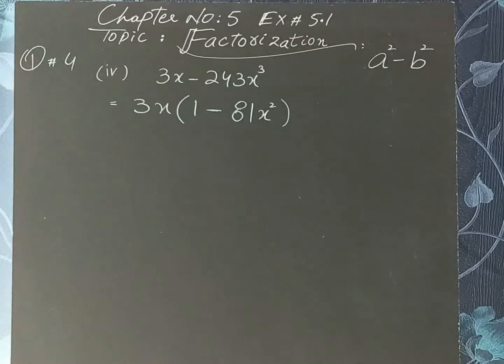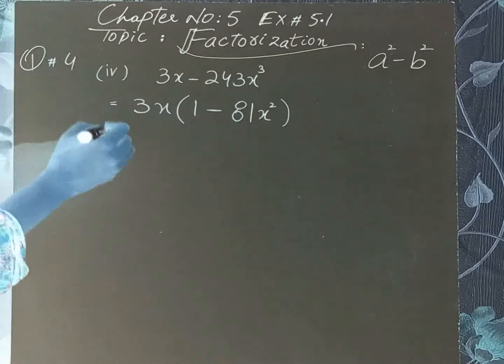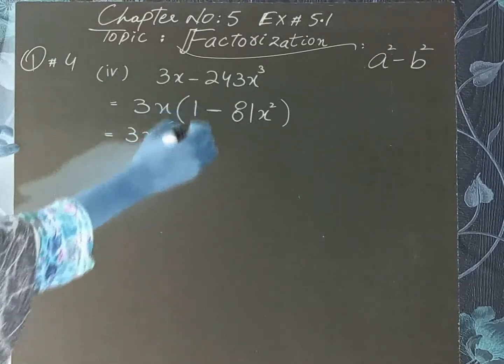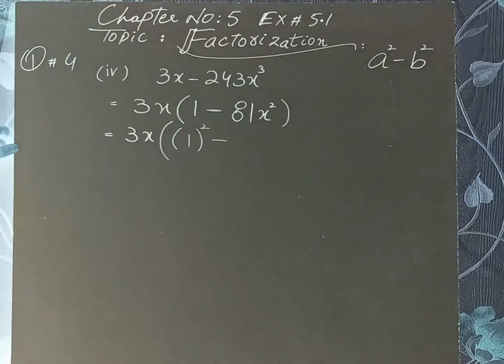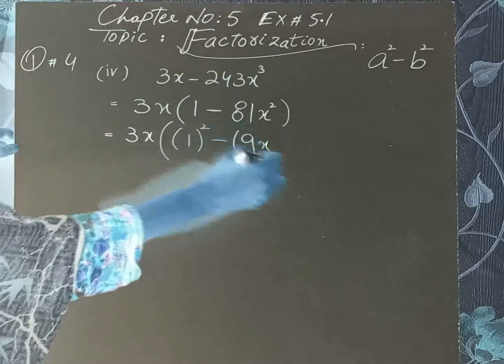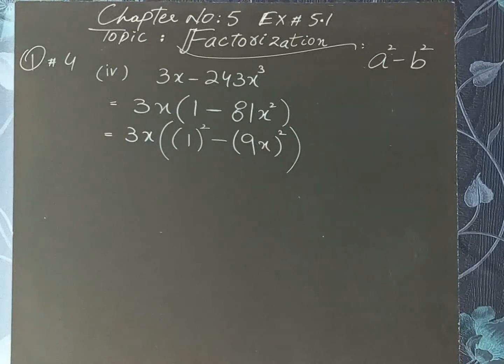Now we'll check, can we take the perfect square of both these? Yes, sure, we can. This is the perfect square of 1 and 81x squared is the perfect square of 9x, since 9 times 9 is 81.